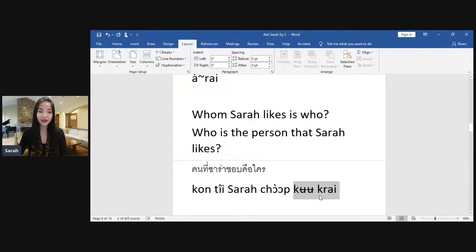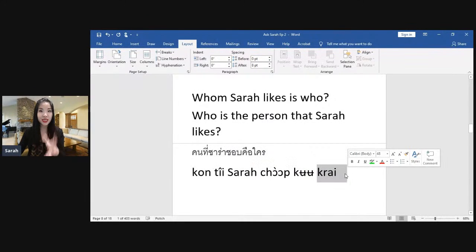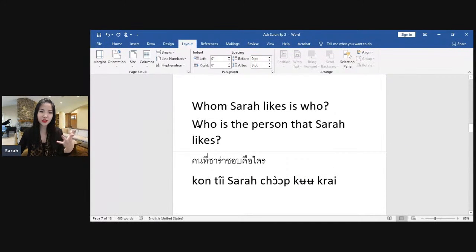คือใคร, okay? คือใคร. The person whom Sarah likes is who? Yeah, so ที่ here is whom, W-H-O-M. คนที่ is a relative pronoun. But then this one is ใคร, that one is who. Okay? But in English, you cannot say that, right?